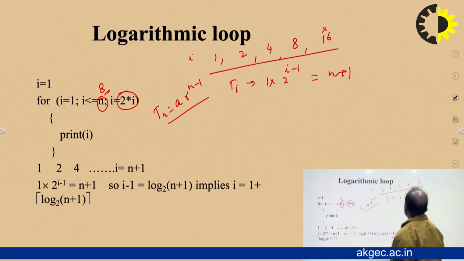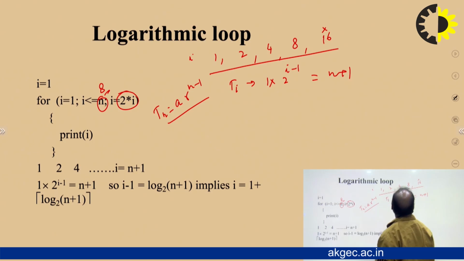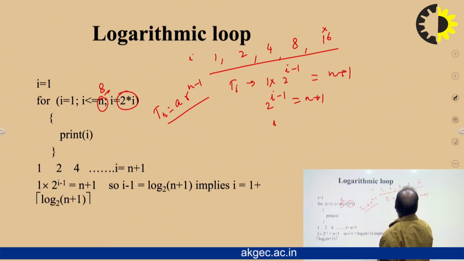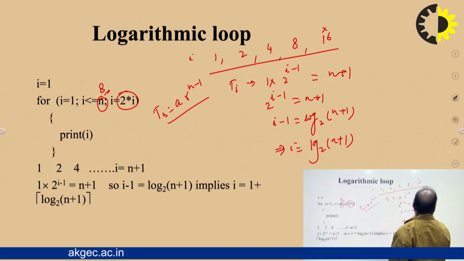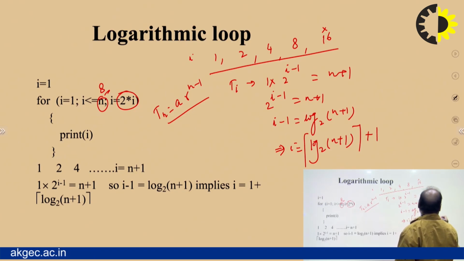Yes, it is failing whenever i becomes n plus 1. So 2 to the power i minus 1 is n plus 1. So i minus 1 equals log 2 of n plus 1. Okay. So this means that i equals log 2 of n plus 1, and of course we are interested in the ceiling function plus 1.